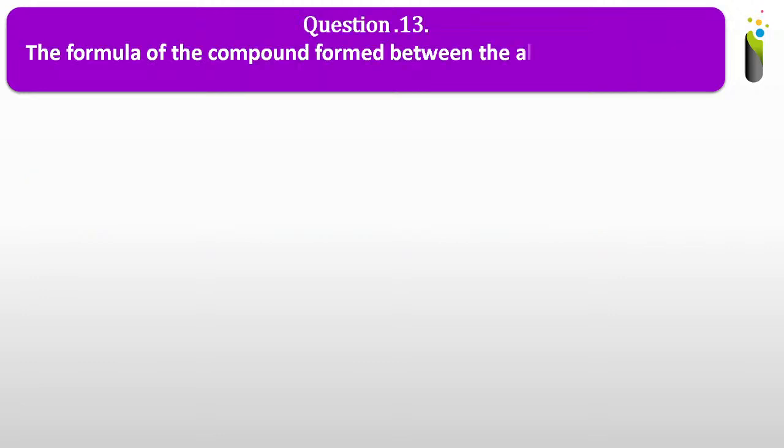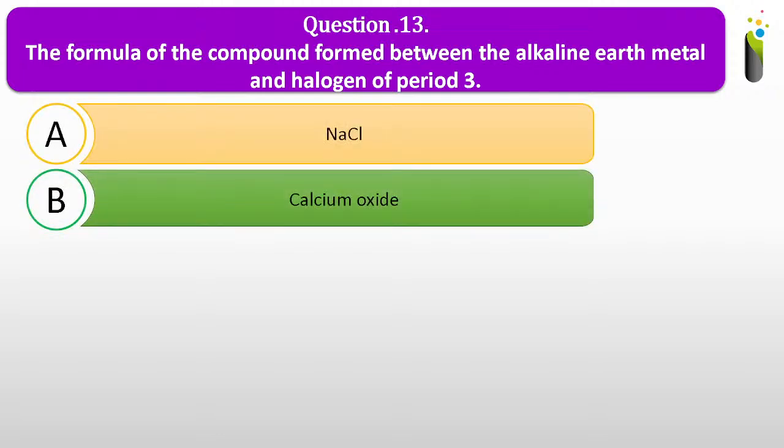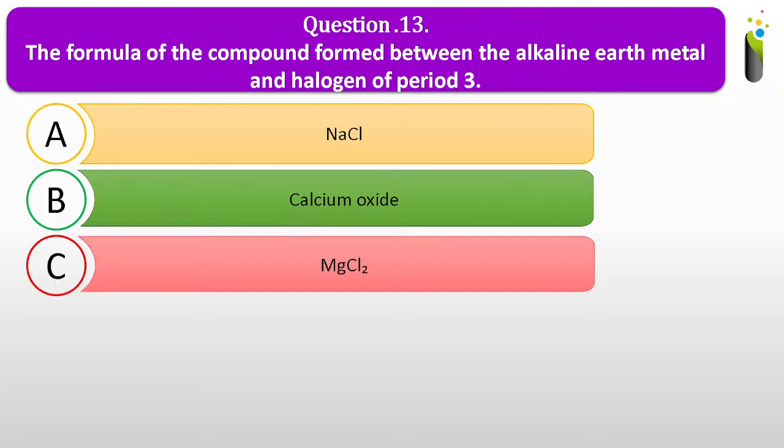Question number 6, compound formed between the alkaline earth metal and halogen of period 3 is dash. A. NaCl. B. Calcium oxide. C. MgCl2. D. NaBr.